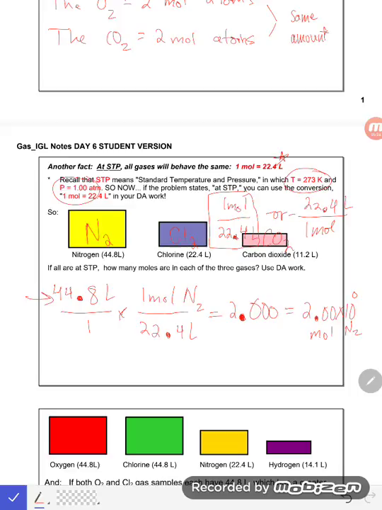We'll go ahead and do carbon dioxide as well at 11.2 liters. Again, same cancellation because we need to cancel liters. And we would get 0.500.